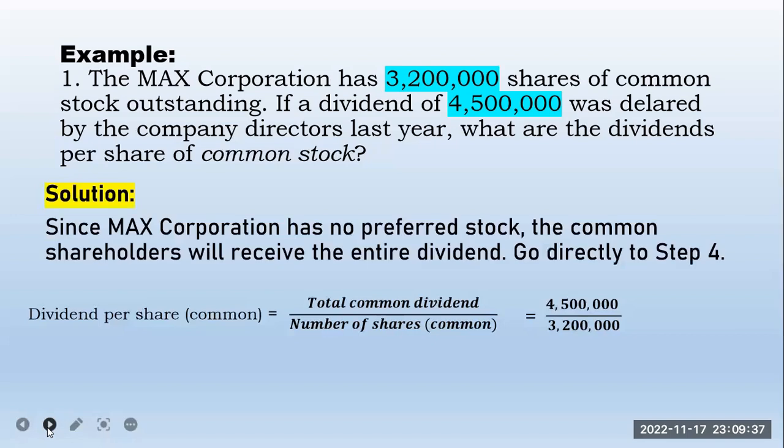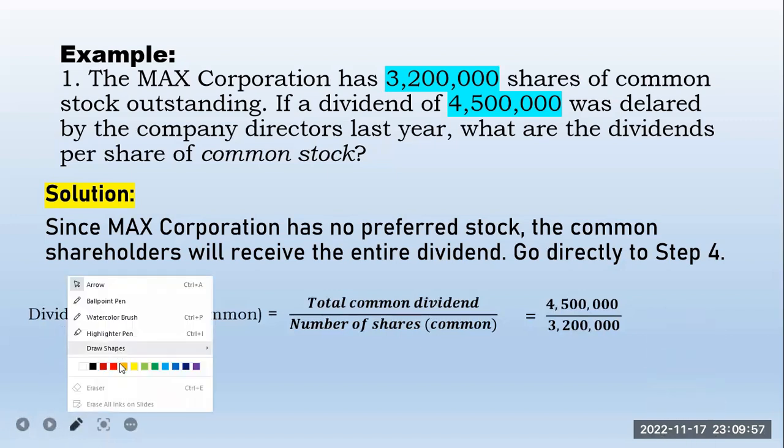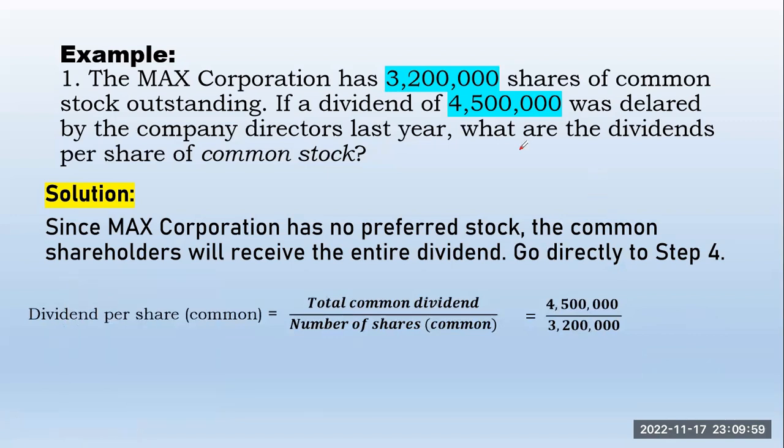Okay. Since Max Corporation, wala silang preferred stock, the common shareholders will receive the entire dividend. Now, we can go directly to step 4, which is ito na yon. We will compute for the dividends per share. Okay, so in the problem, what are the dividends per share?